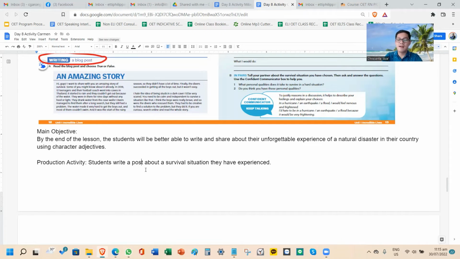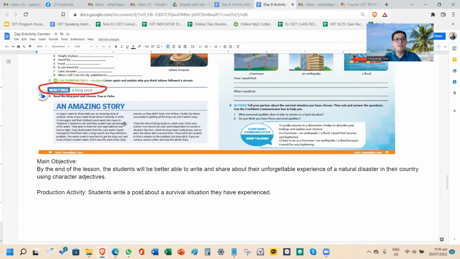Is this like a Facebook post? I understand, because otherwise you will have to say students post an article or something like that. Yes. So how do you want it? Because you are the teacher, how do you want them to do this? Here in the story, it's a blog post.